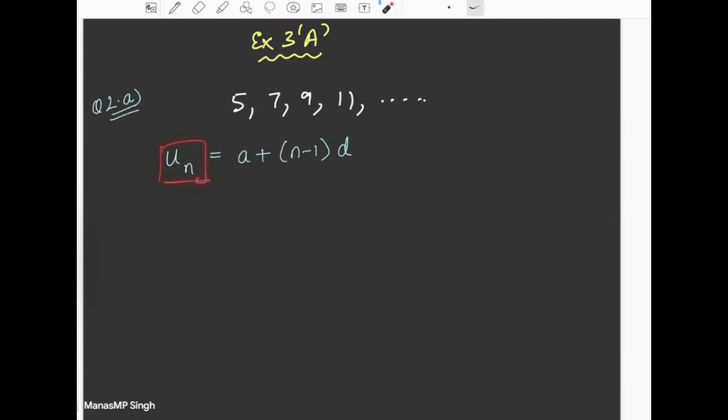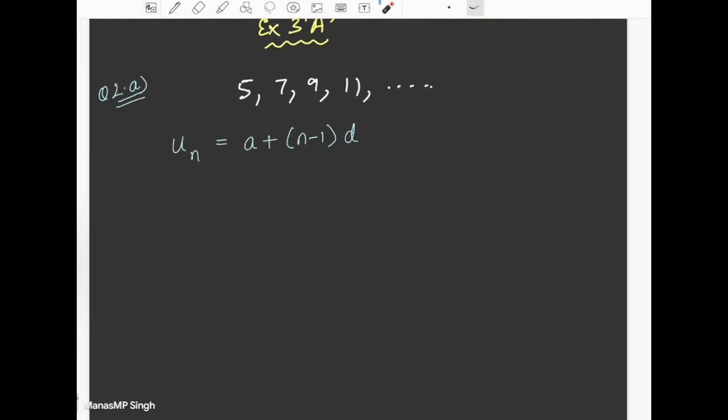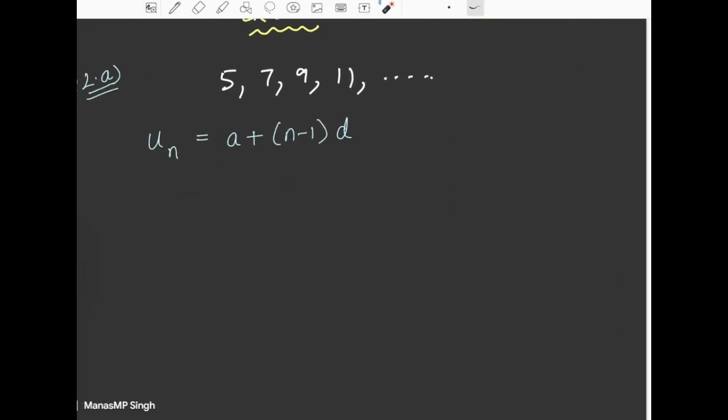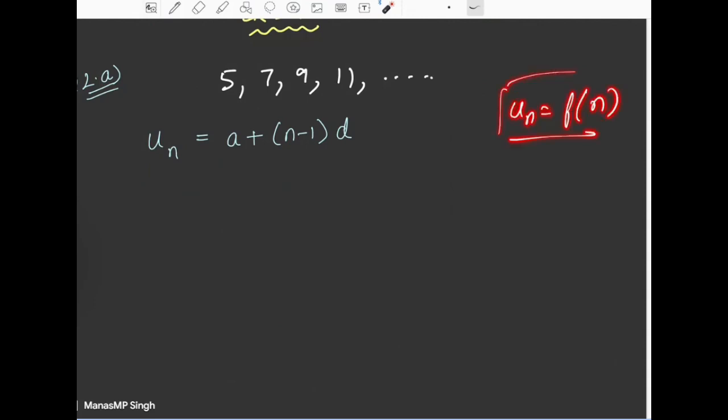Oh, so can you just plug in any number for any number in the sequence? No, hold up. First, the problem is with understanding the question. The question is saying, give me the nth term. Nth term will be represented like this. Do you understand? Function of n. Oh, okay, I get it.